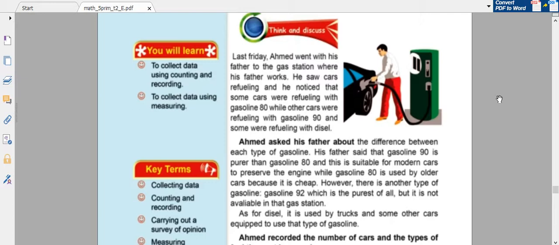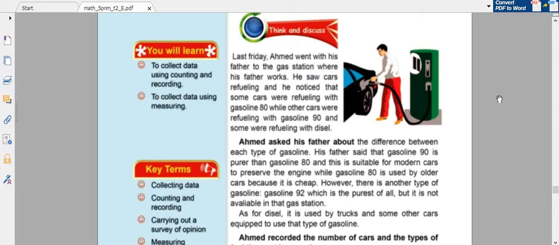Ahmed asked his father about the difference between each type of gasoline. So his father replied that gasoline 90 is purer than gasoline 80, and this is suitable for modern cars. So modern cars use only gasoline 90 because it's purer, to preserve the engine, while gasoline 80 is used by older cars because it's cheap.